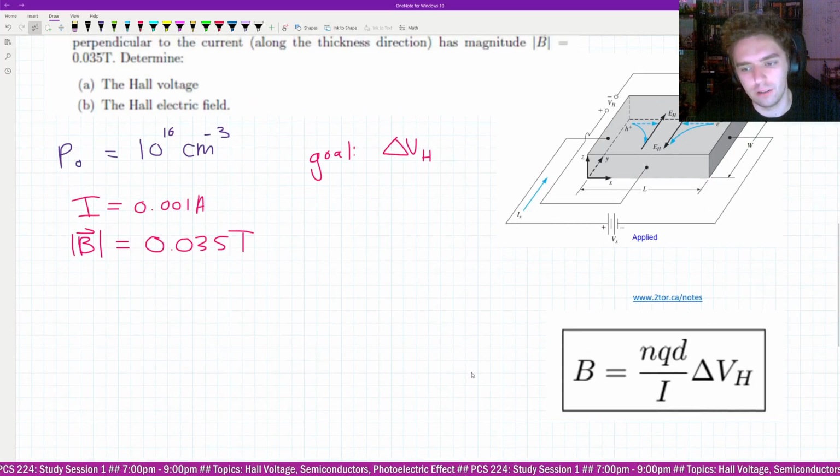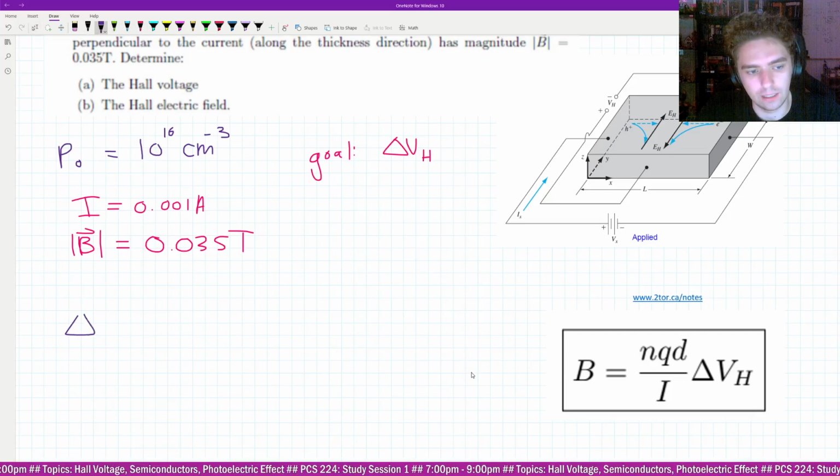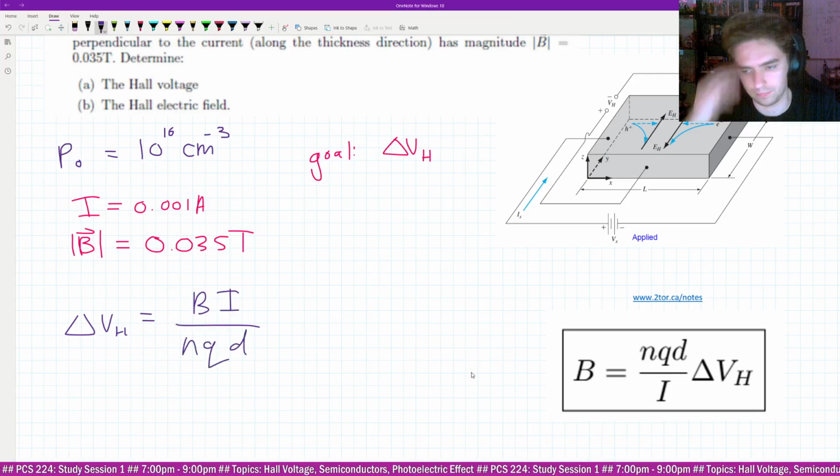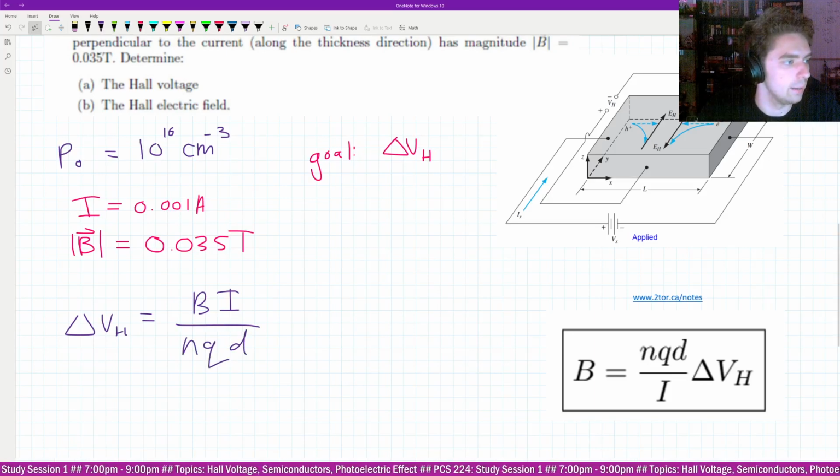But we're looking for delta VH, so let's see if we can figure it out from this. That would imply that delta VH is equal to BI over NQD, where D is the thickness of the semiconductor in the direction of the magnetic field.